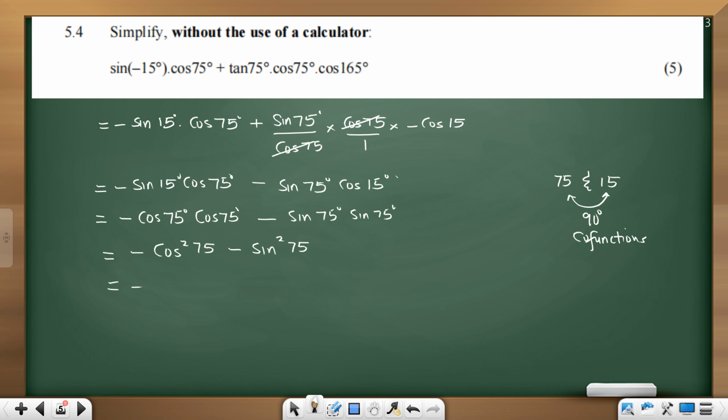Let's take out the negative. What do we have? Cos squared 75 plus. Oh, this is lovely. Cos squared A plus sine squared A is 1. My answer is negative 1 without the use of a calculator. Do you see what I did there?